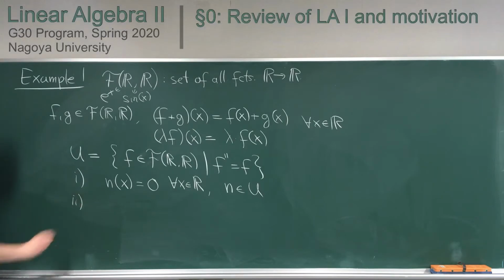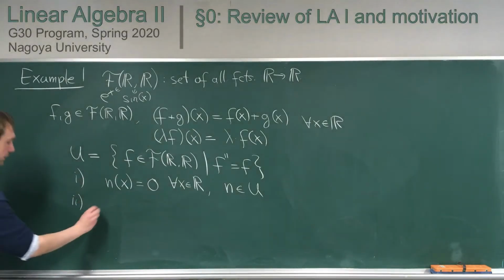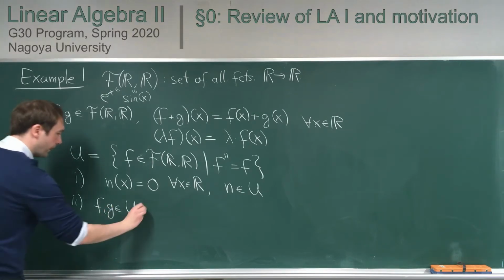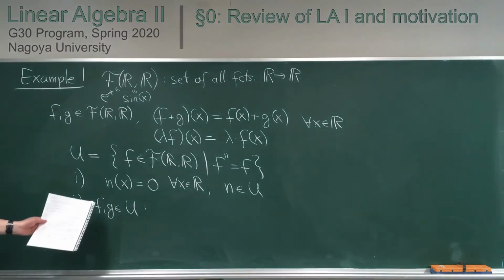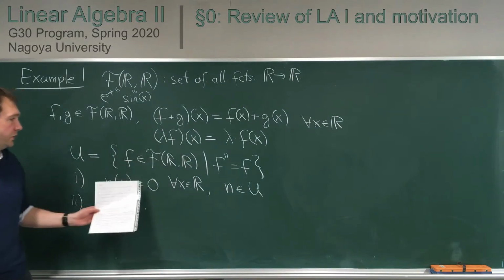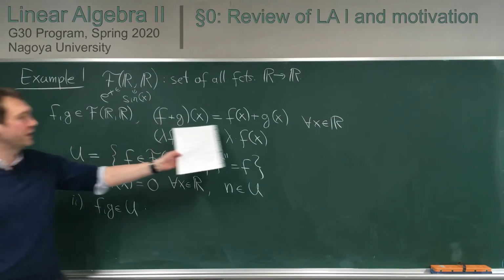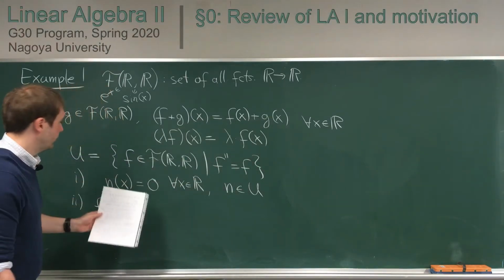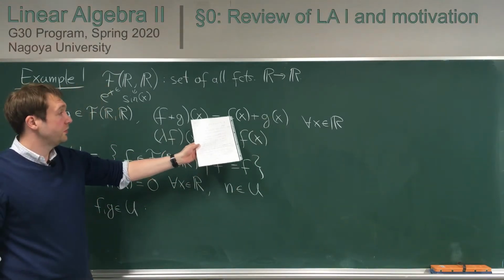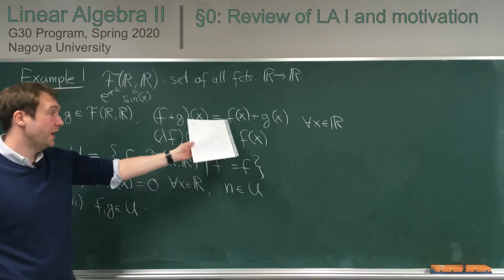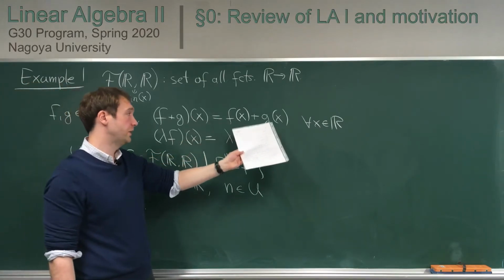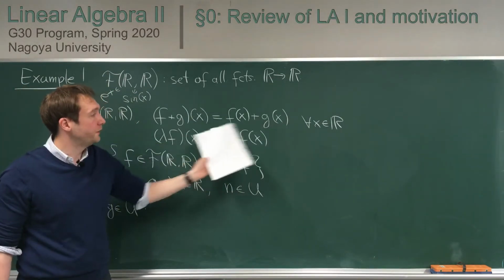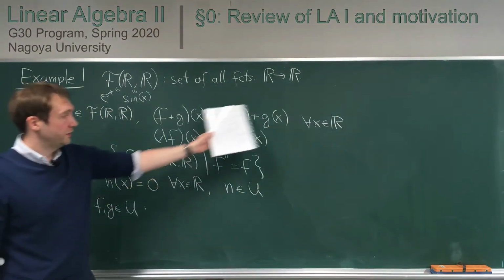And also, if I have two elements in this set, for example, if f and g are in U, then it's also easy to see that f plus g is in U, because f plus g is just defined by adding f of x plus g of x. So if the second derivative of f equals f, and the second derivative of g equals g, then also the second derivative of this sum equals just this sum.